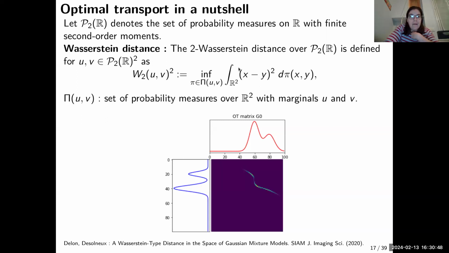So the proper definition of this Wasserstein distance, if you have never encountered it, is not very important if you don't remember it for the rest of the talk, but that's the proper definition. Just remember that it is a way to measure a distance, in some particular way, between two probability densities defined on R.